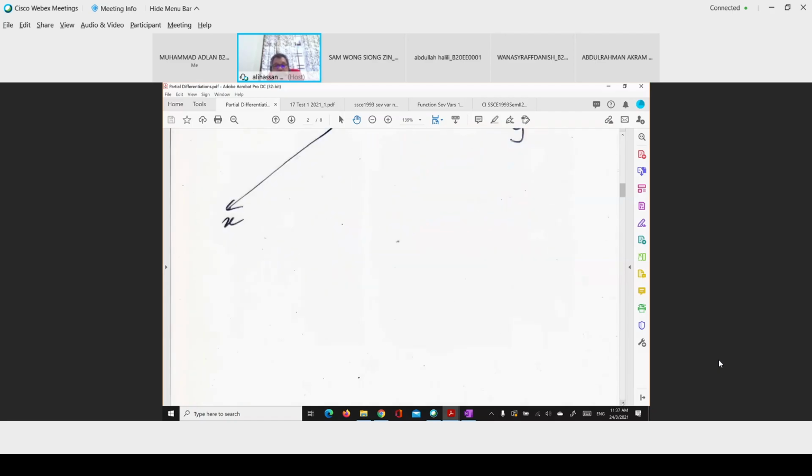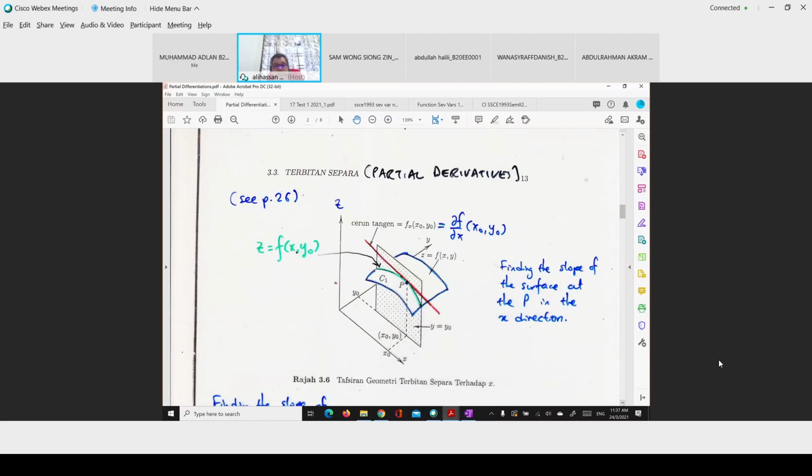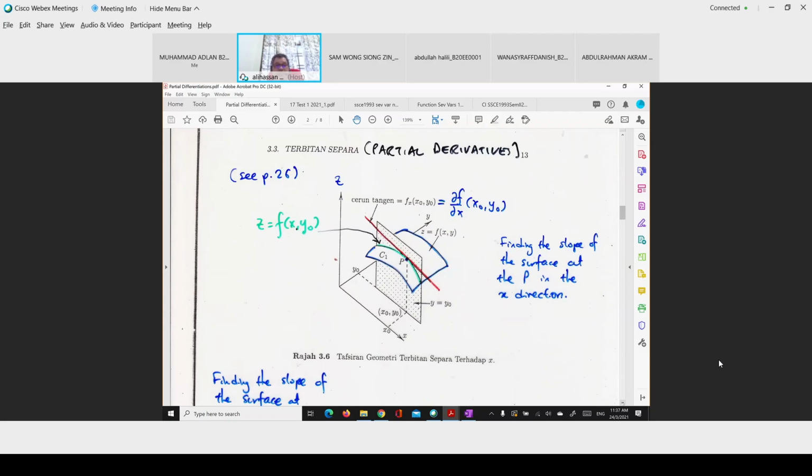But for now, let us look at the slope in two directions only, along the x-axis and along the y-axis. Suppose we have a surface here in blue representing z equal to f(x,y), and there is a plane here. We have a plane y equal to y naught.